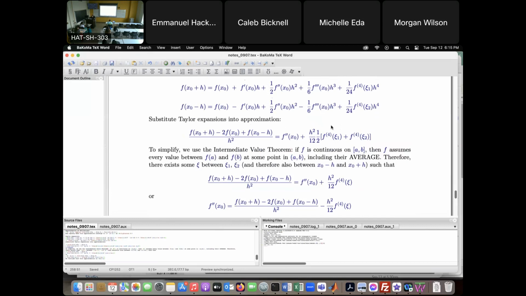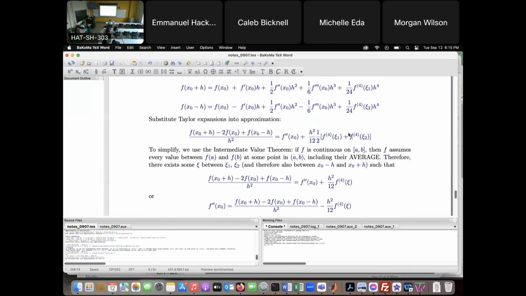What I've done here is I have h squared over 24, but notice I've broken it up: I have h squared over 12, and then I have 1/2. That seems kind of odd, but here's why I wrote it that way. 1/2 times this expression in square brackets is the average of these two values.